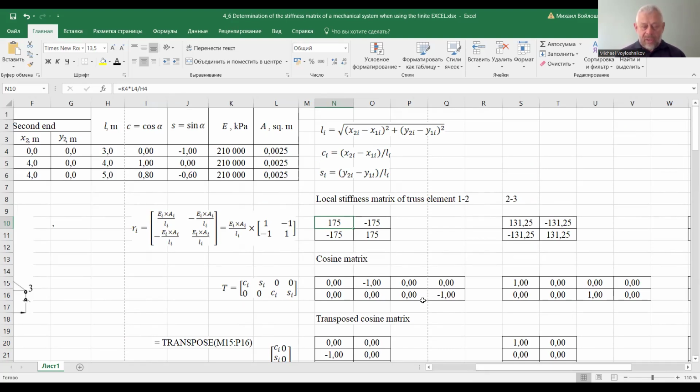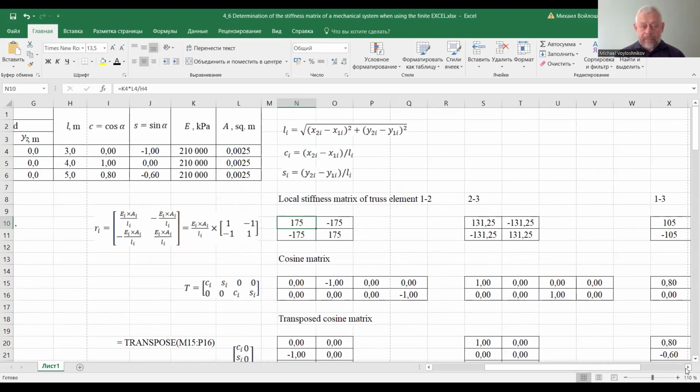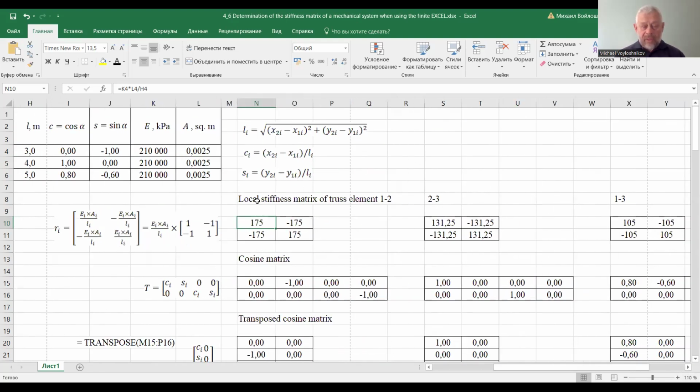Global is associated with the integral mechanical system, with the discrete model of the connection of the elements in the integral mechanical system. And these are the stiffness matrices we got, for the first finite element, for the second one, and for the third in the local coordinate system.